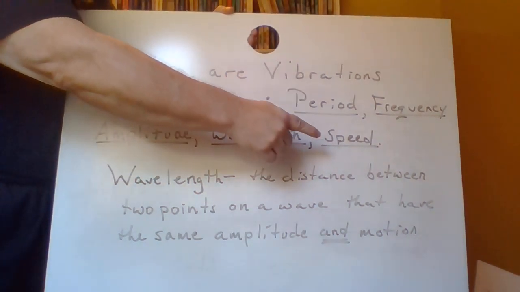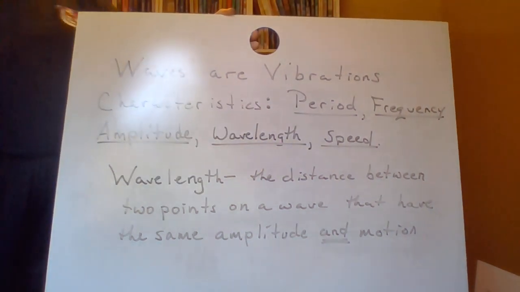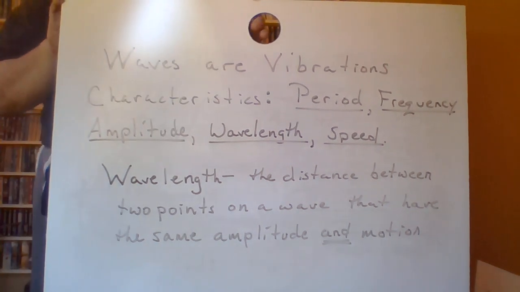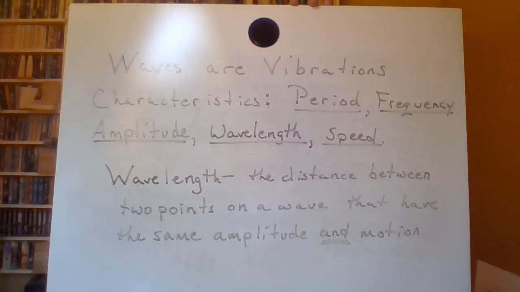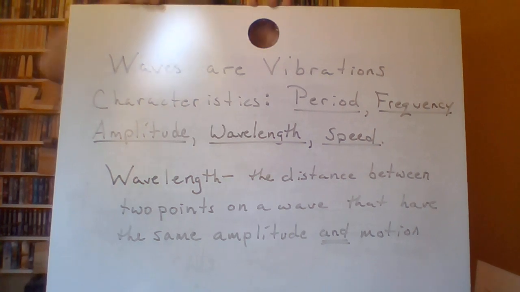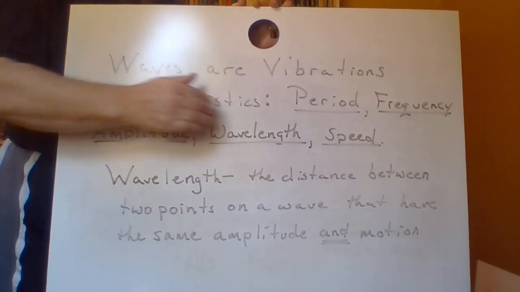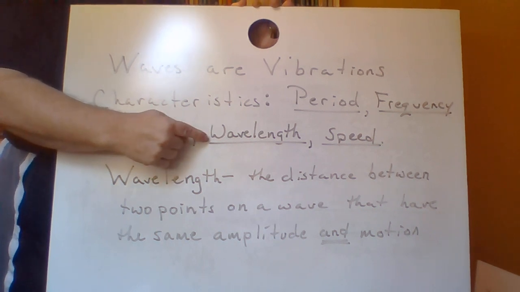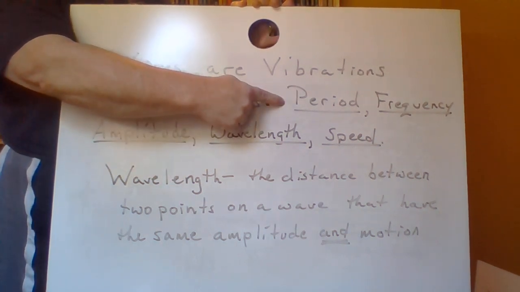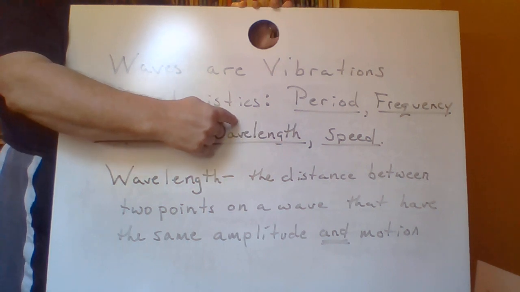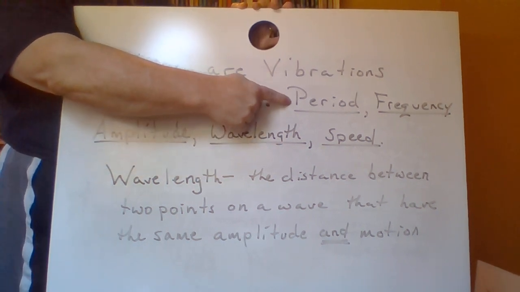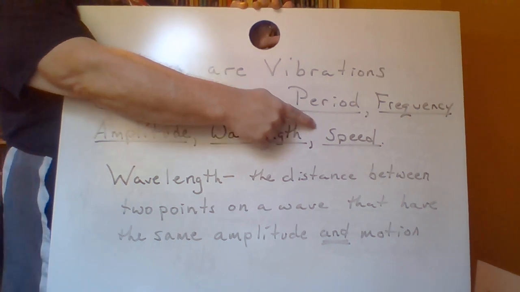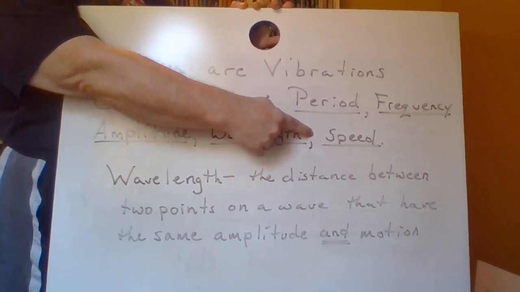And then, of course, speed. Now, we've talked about speed prior to this. It is a classic measurement of how fast something moves. Well, if we've got energy traveling and it creates a distance for the disturbance to take place, it's distance divided by the time it takes that disturbance to make a full cycle, then distance divided by time is speed.